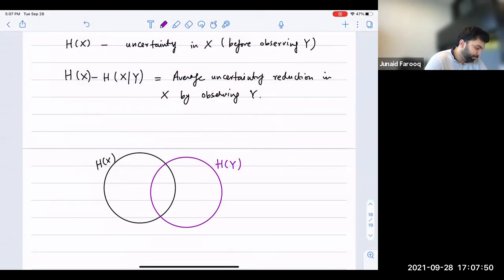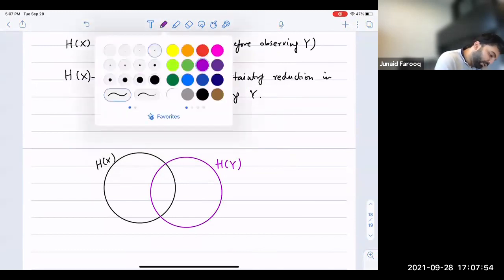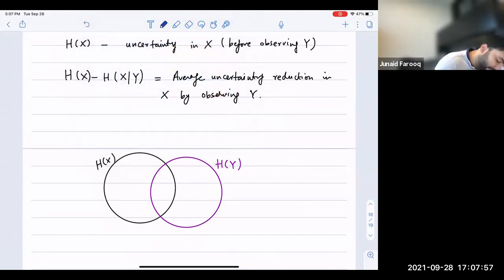And so h of X given Y is this thing here. So given Y, the remaining uncertainty in X is h of X given Y. So if you just shade it here, it's going to be this part.